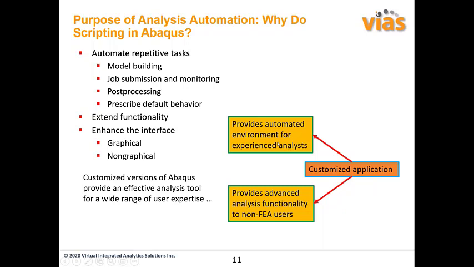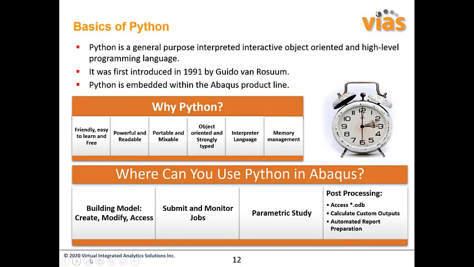In short, the customized application provides an automated environment for the experienced analyst, and for the non-experienced analyst, it provides advanced analysis functionality. For example, if someone is not very well versed in the Abaqus CAE interface, he can still use a Python script. Someone may create a Python script for him, and then at least he can get going, do the pre-processing more easily, submit the jobs and get to the results. These are some of the applications of Python scripts here.